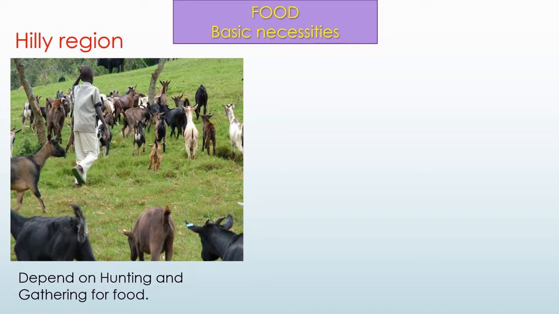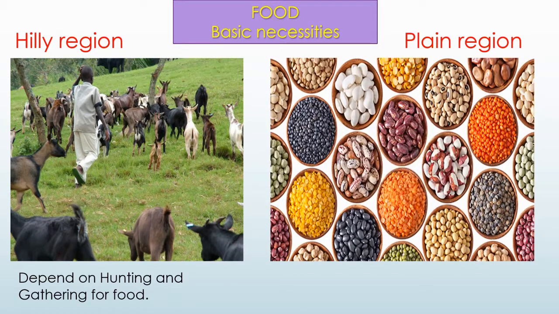They depend on hunting for getting meat. These people hunt various animals present in the forest of the hilly region. Whereas in the plain region, the people are dependent on seasonal food, and crops like paddy, wheat, and pulses are widely popular in this region as their daily eaten food.